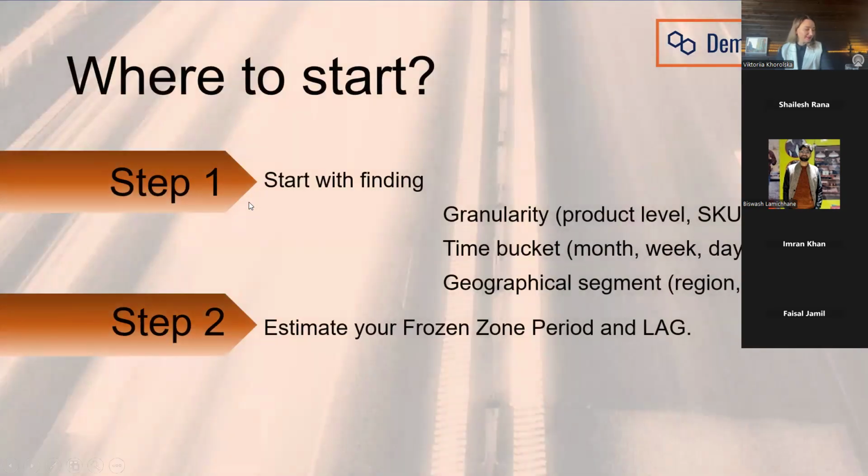Okay, so I usually get the question: we organize the demand planning, but where do we have to start? And here is where demand planning work is required. You have to select granularity, what is the needed discussion level of your product group.